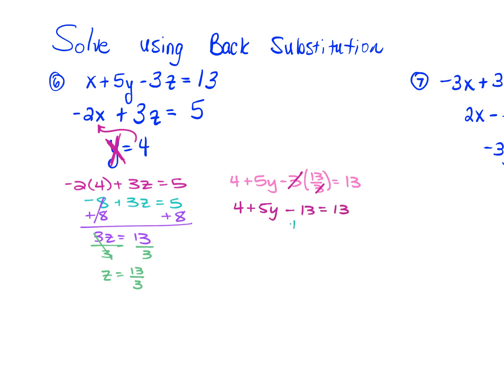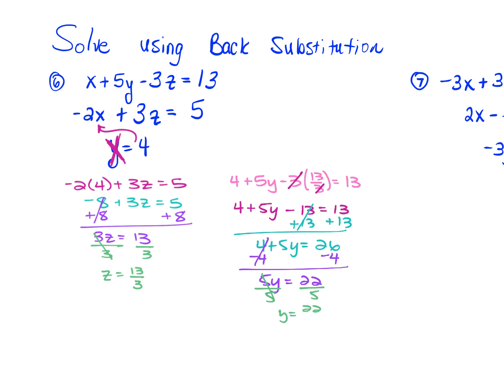If you want to move the 13 over first, it might be a little bit easier. So that's 4 plus 5y is equal to 26. Then subtract your 4 over. So 5y is equal to 22. Divide each side by the 5. You get y is 22 over 5.